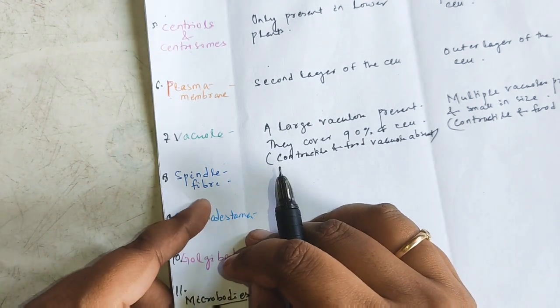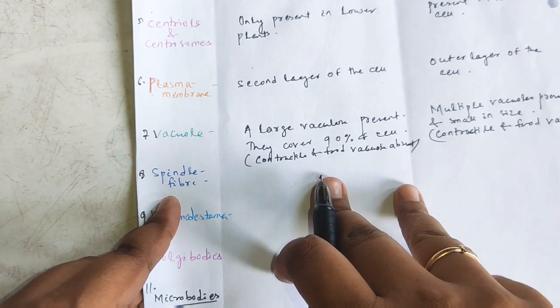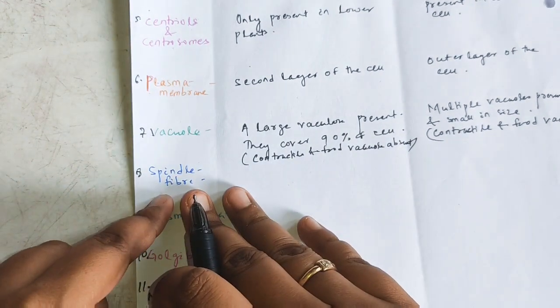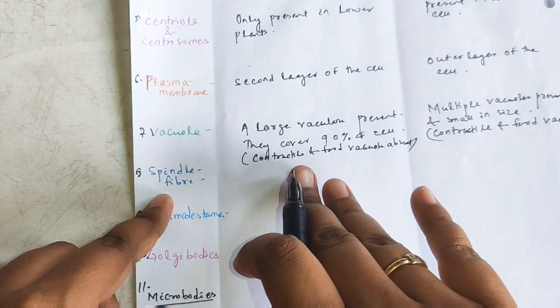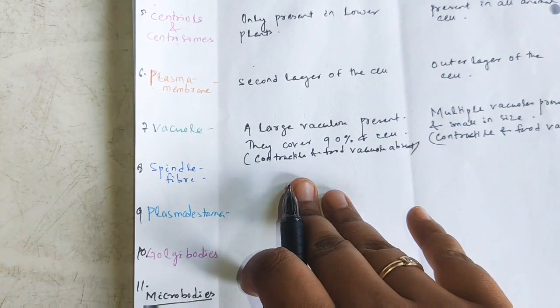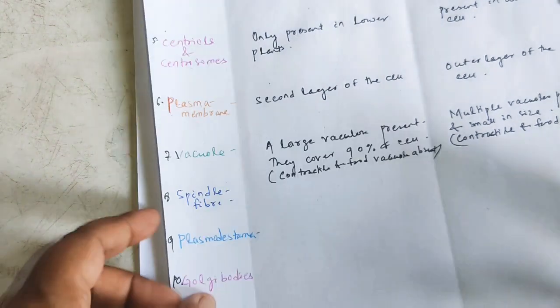Okay, now come to the spindle fiber. In case of spindle fiber, what happens? Spindle fiber formation during cell division. How does the spindle fiber form?